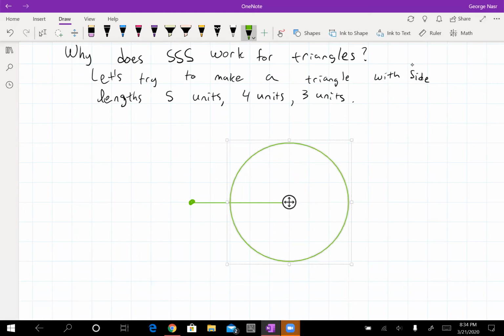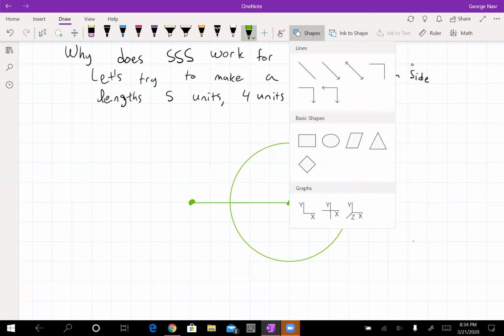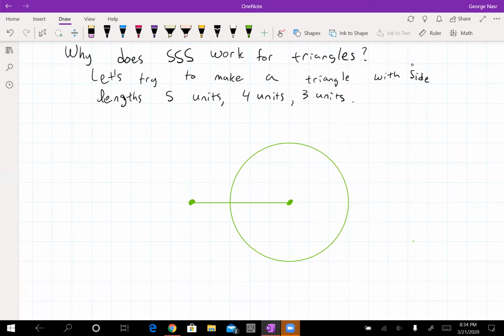Here is a circle of radius 3 units. You can see the units, right? 1, 2, 3. So every point on this circle has distance 3 units from the center. And I can do the same thing and build a circle with radius 4 units.